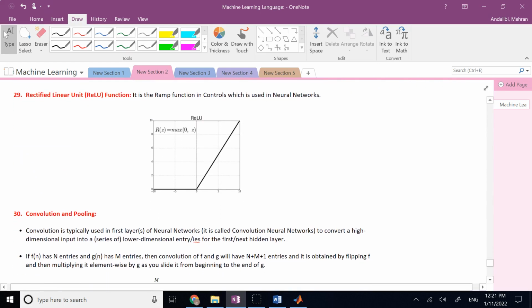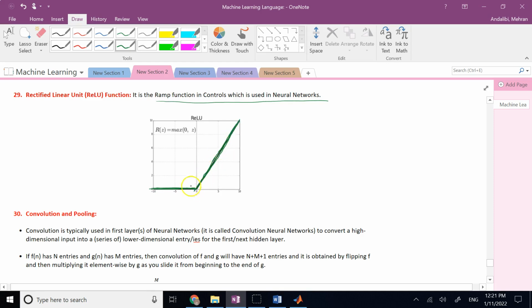The other type of function that we use a lot in neural networks is called the ReLU function, which is the same as the ramp function that we had in controls. If your input is less than 0, the output is 0. If the input is bigger than 0, then it is going to be like the function y equal x, the identity function.